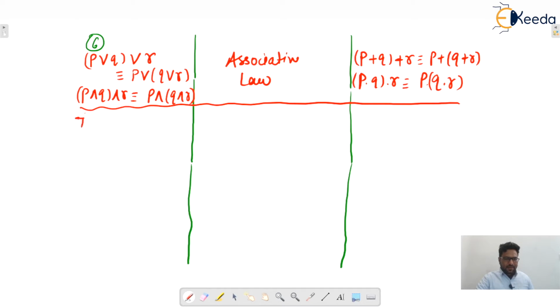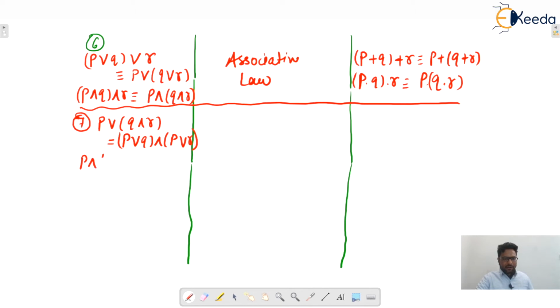That is distributivity: P or Q and R is equivalent to P or Q, and with P or R, isn't it?